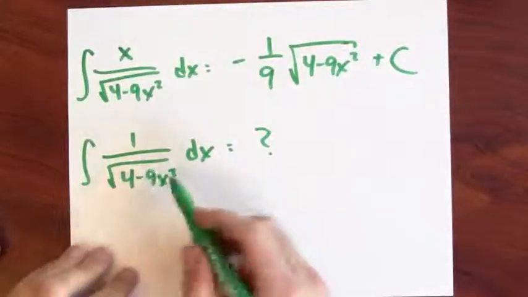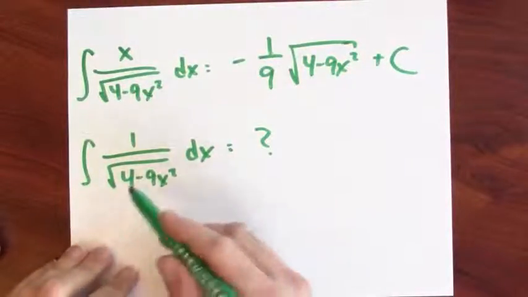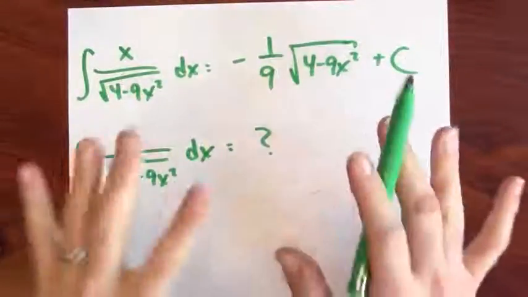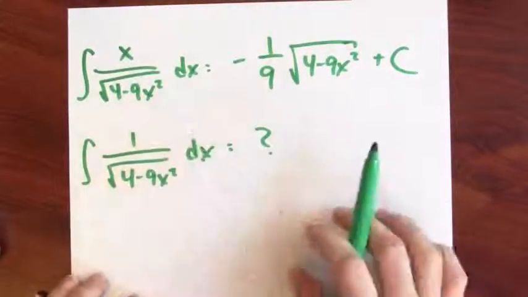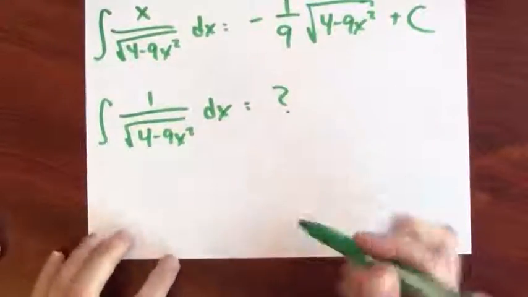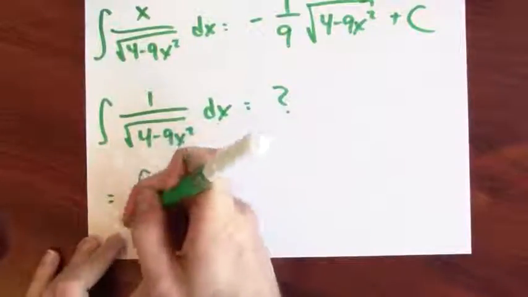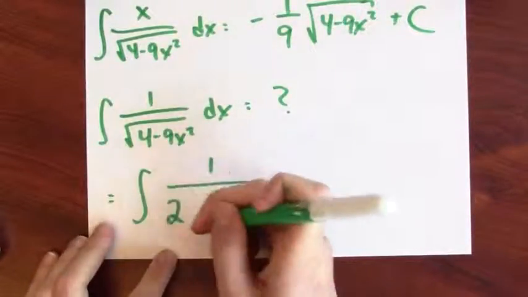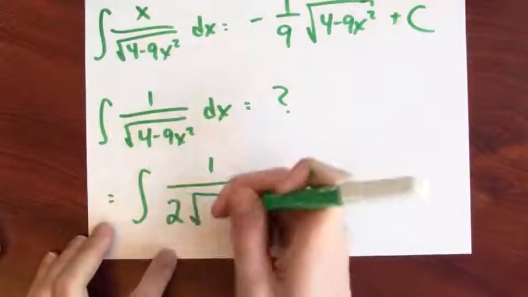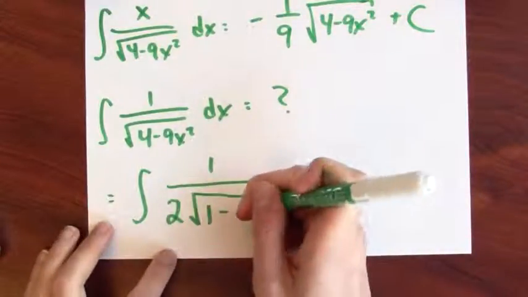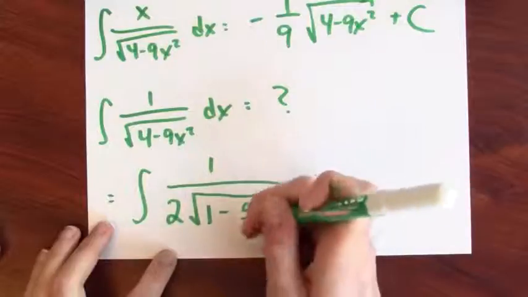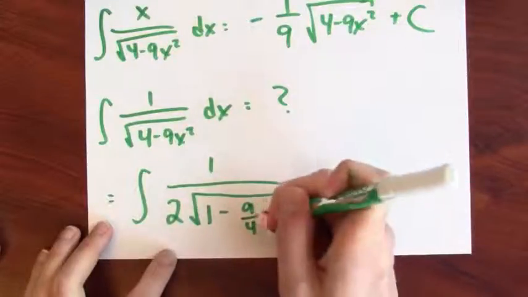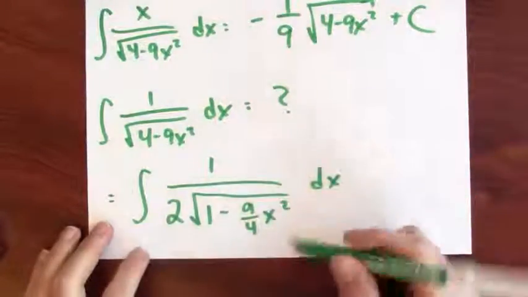Well, I could try to factor out 2 from the denominator here. I mean, I'm not going to make a substitution yet. I'm just going to try to rewrite the integrand. So if I factor out a 2, this is the antiderivative of 1 over 2 times the square root of 1 minus 9 over 4 x squared dx.